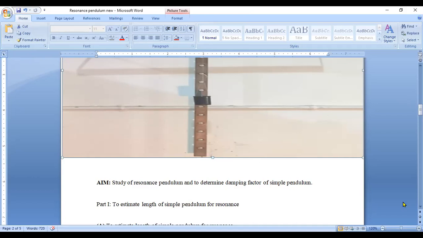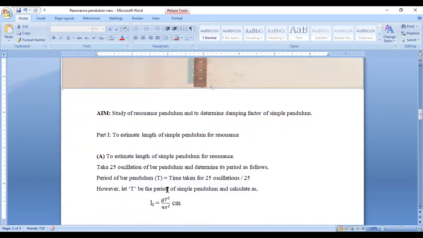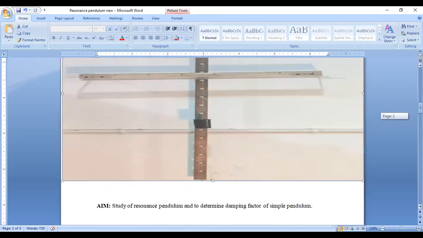I use this formula, and whatever T you calculate, you substitute the value and find out the value of L0. This is known as the length of the simple pendulum. This is the resonance length of the simple pendulum. If you adjust this length L0, this is known as the resonance length.